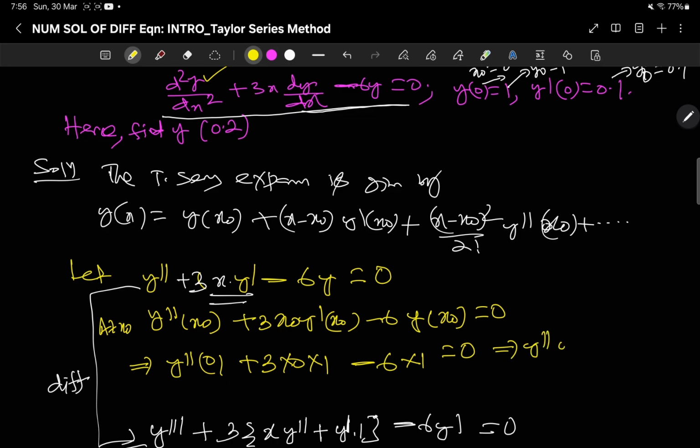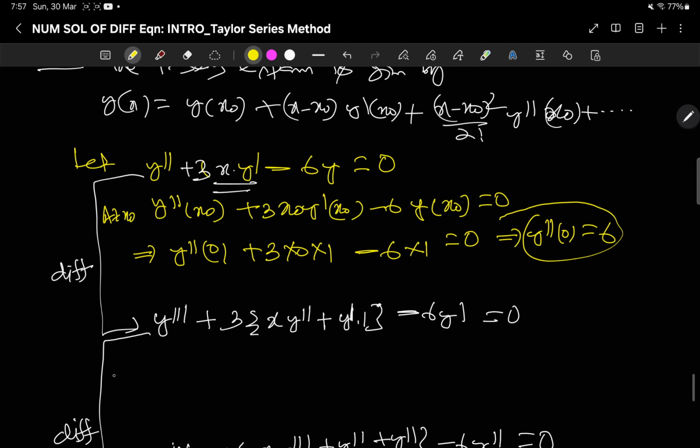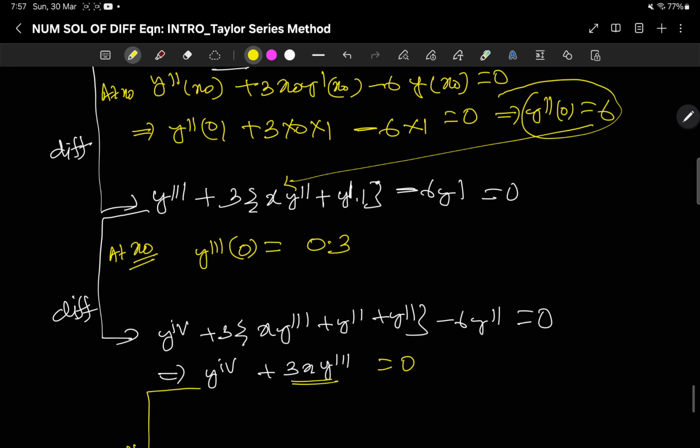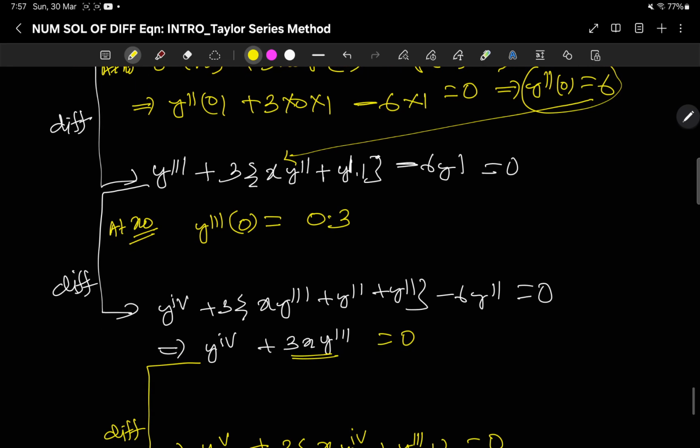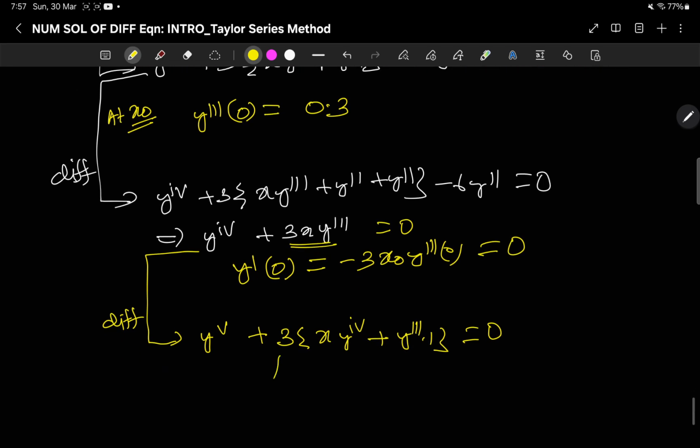So that means y double dash 0 is 6. I substitute again at x0 and compute here, so I find y triple dash 0 will be 0.3. Similarly I find y fourth derivative at 0, which is minus 3 x0 y triple dash 0. x0 is 0, so this is equal to 0, and I compute here my y fifth derivative at 0, it will be minus 0.9.